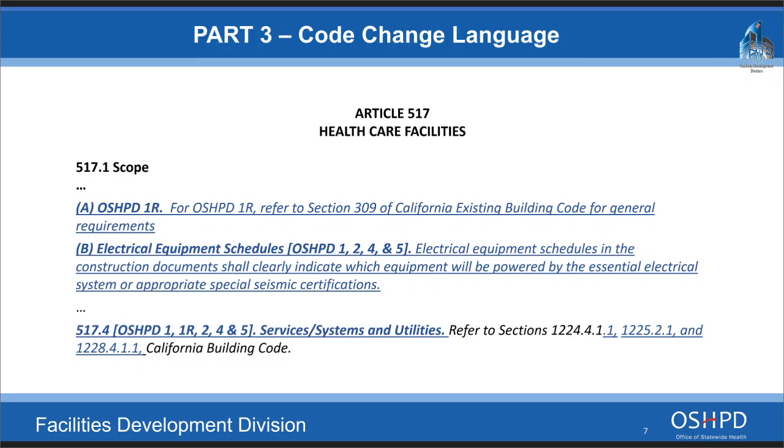And lastly, in 517.4, this is a building code reference to services and systems and utilities. We had added missing code references in 1225 and 1228. So again, just more cleanup. Next slide.